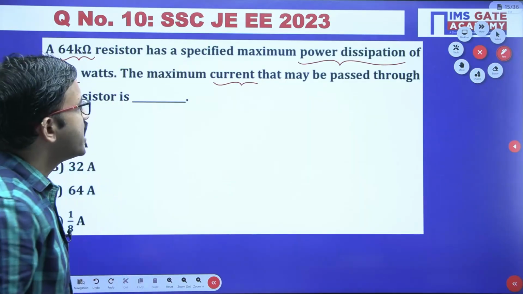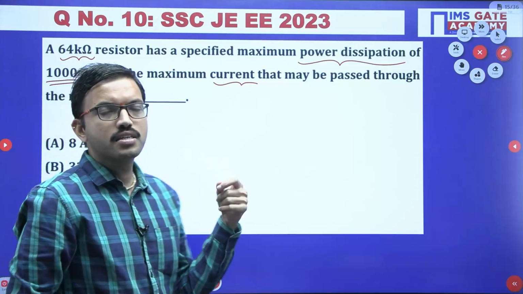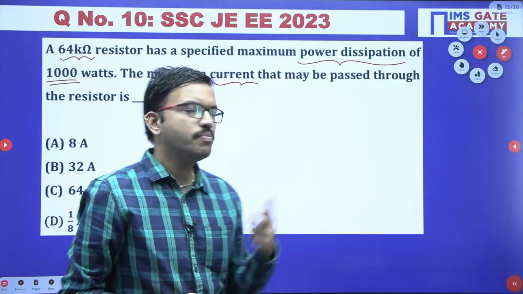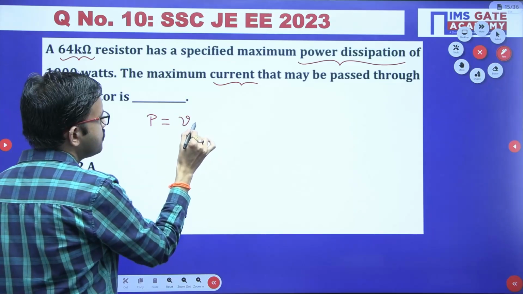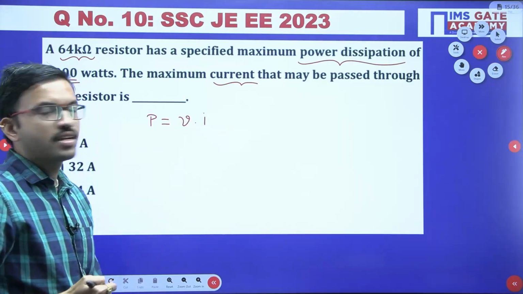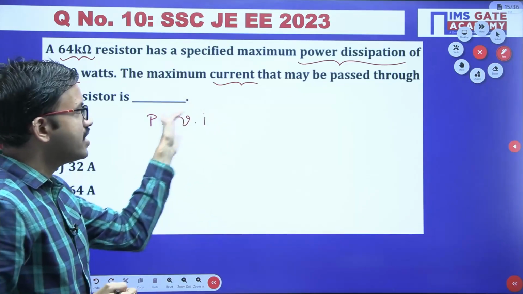Regarding the resistor, the power formula we mentioned earlier is power equal to voltage into current, V into I. But for a resistor you have other derived formulas.